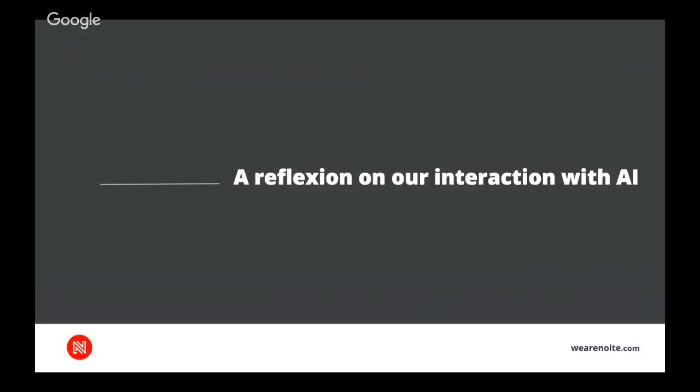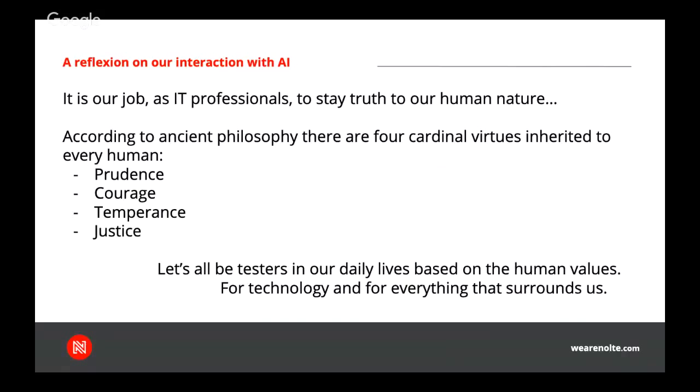So, a reflection on our interaction with AI. It is our job as IT professionals to stay true to our human nature, because we work doing this beautiful programming, developing applications, etc., that satisfy the needs of our clients. But we have to remain human.